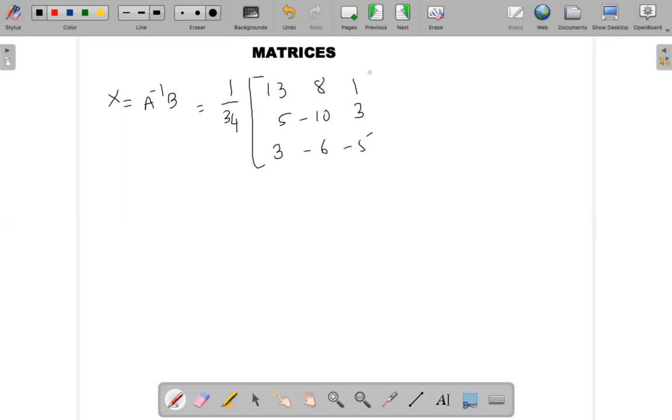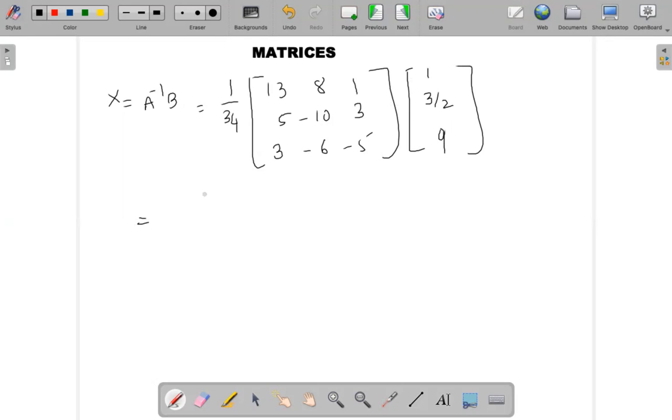Now what is B? B is 1, 3, 2, 9. Let us multiply this.